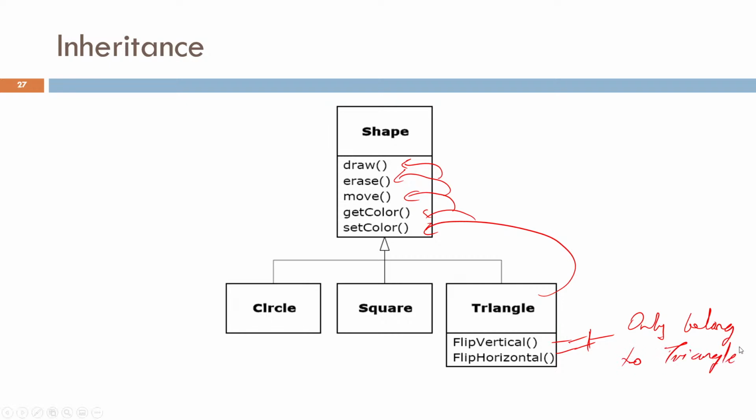This means that square and circle will not have access to flip horizontal and flip vertical because they are only localized to triangle. They do not exist in square, they do not exist in circle, and they do not exist in shape, which is the original.